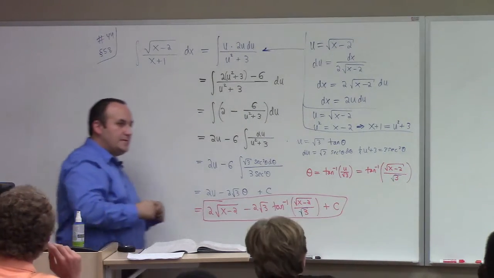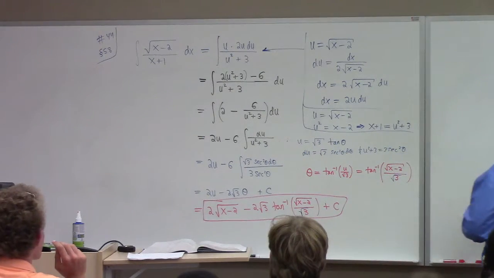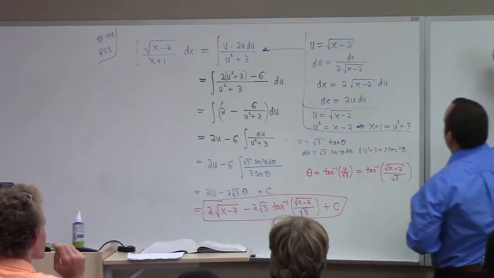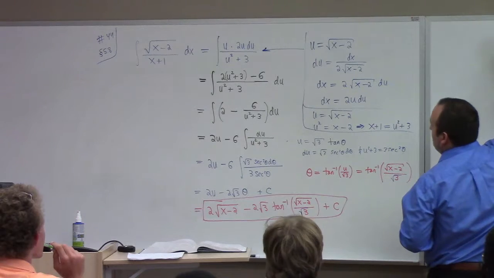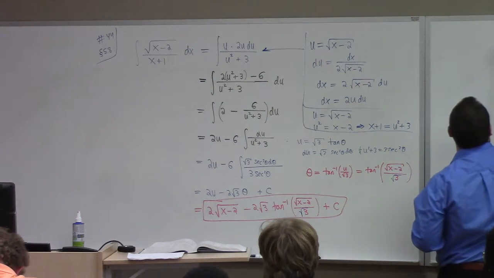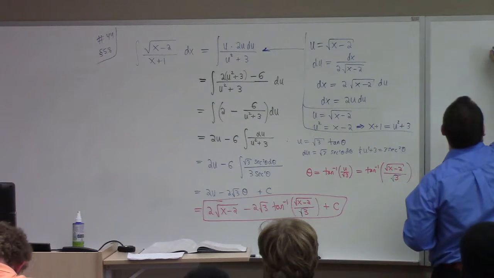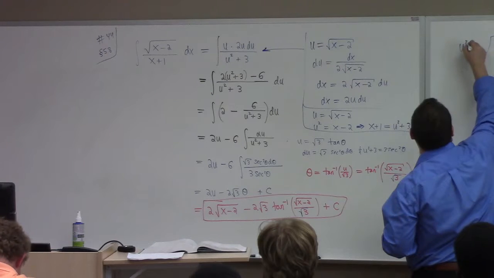So if we just use long division, we wouldn't have to figure out the fraction. Oh, yeah. Long division looks like this. 2u squared divided by u squared plus 3, right?